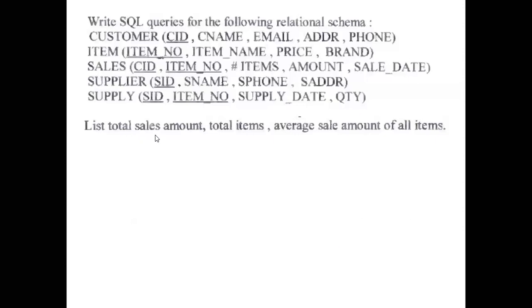So where is this particular information present? This information is present in the sales table, where we have the item number, number of items and amount. So total amount, total items, average sale amount. So we need aggregate operations over here.